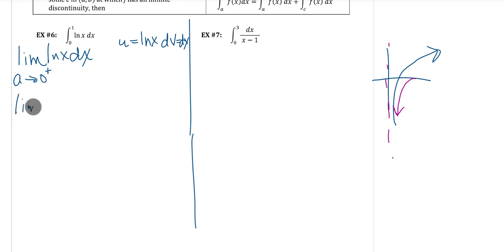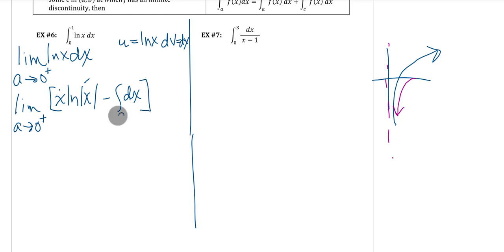So the limit as a approaches 0 from the right is going to be uv, okay, so there's my u and there's my v, minus the integral of v du, and I'm leaving my limits off right now, so this is going to be from a to 1, and this is going to be evaluated from a to 1.